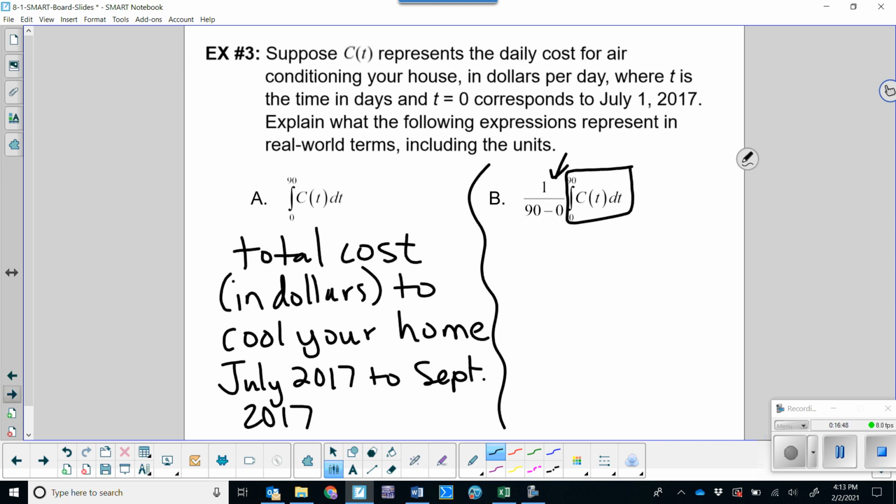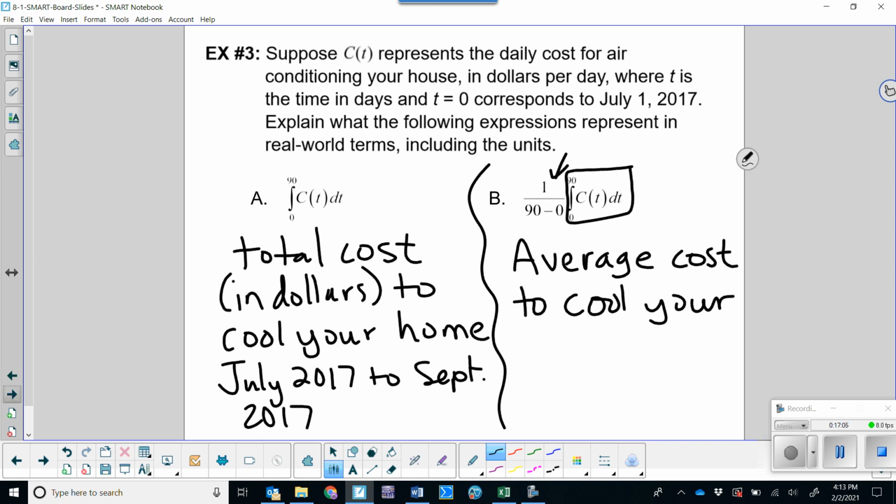So now I have an average cost. So instead of writing average value, I will say average cost, because that's what the function is talking about. It's talking about cost. So I will say average cost to cool your house in dollars per day.